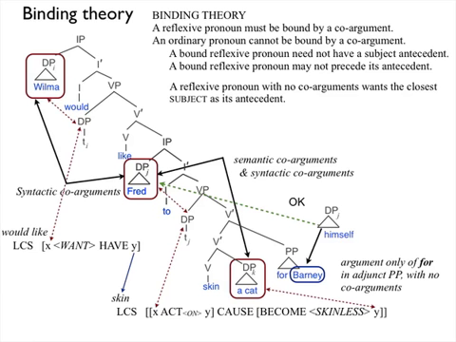And so as an attempt here, we could say, how about this? A reflexive pronoun with no co-arguments wants the closest subject as its antecedent. That would work, right? So I want a subject then, right? And so here we can have himself go with Fred.